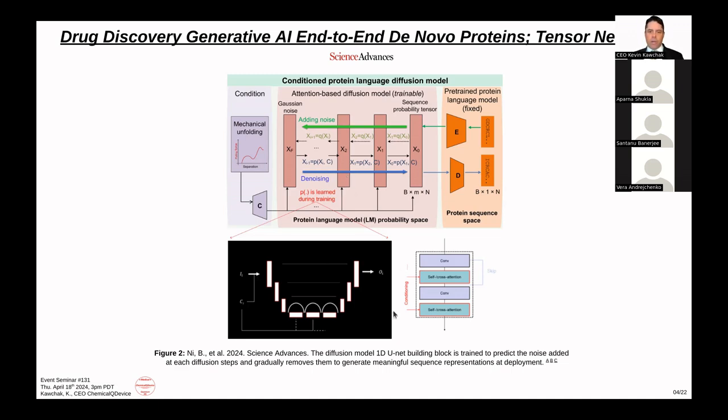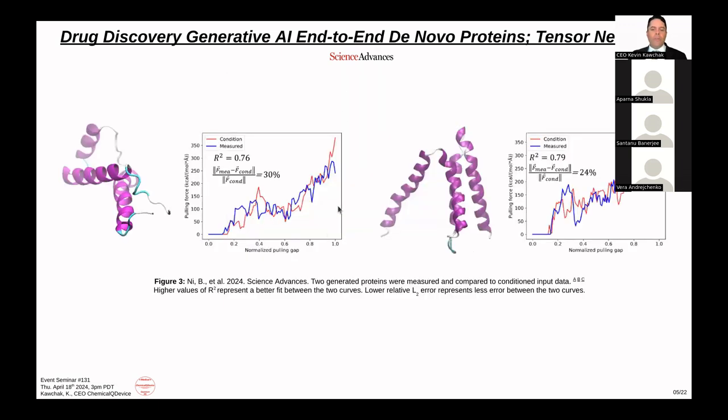And you can see the UNet at the bottom here, in order to take that sequence and then test it again against what it was supposed to generate based on the conditional inputs, okay? So that's what's going on here: in this diffusion model, denoising, adding noise, and then generating a sequence that makes sense.